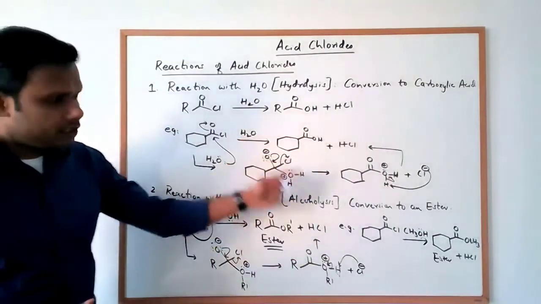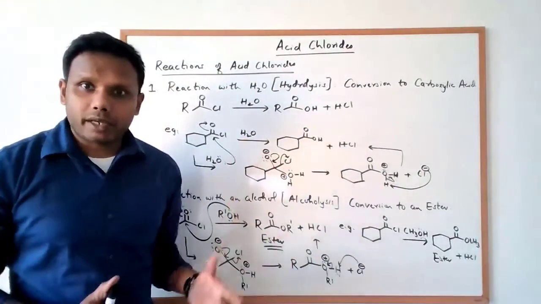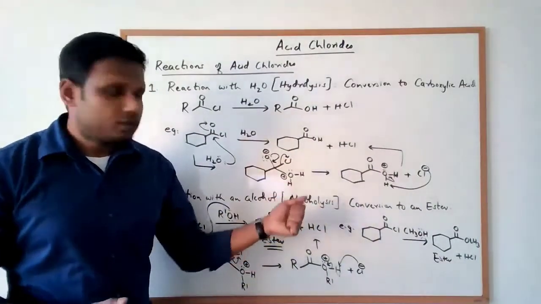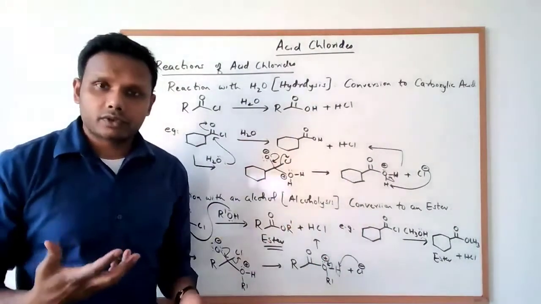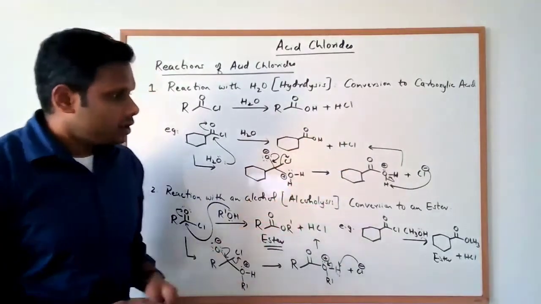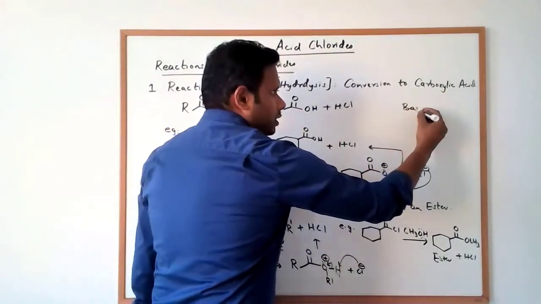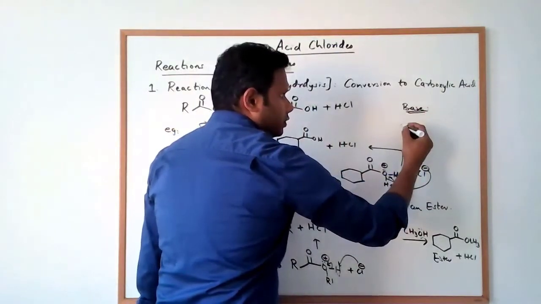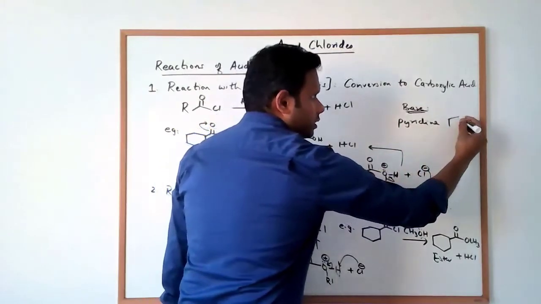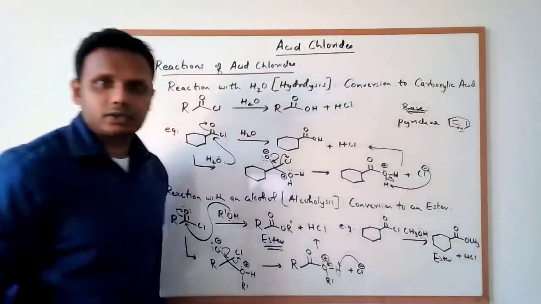Notice that in these reactions, we are releasing HCl as a byproduct. Since HCl is a strong acid, it always helps to do these reactions in the presence of a base, which can pick up that acid. An example of a good organic base that's often used is pyridine. Pyridine is a 6-membered aromatic compound with nitrogen in it.